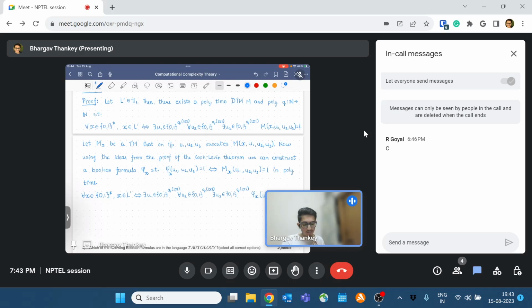Given x, we can compute phi x in polynomial time, because all we have to do is convert mx into a formula using the ideas in the Cook-Levin theorem, which we can do in polynomial time.